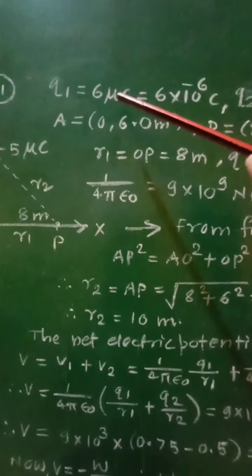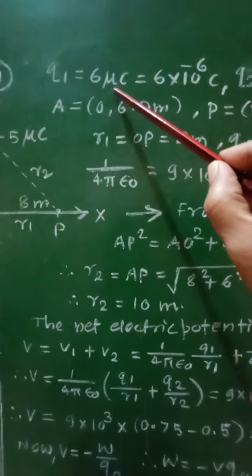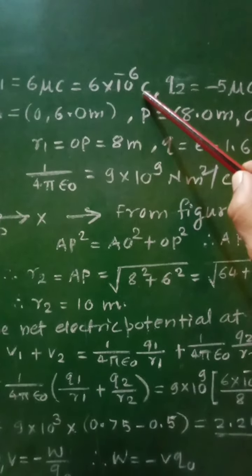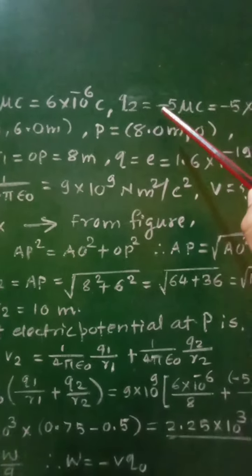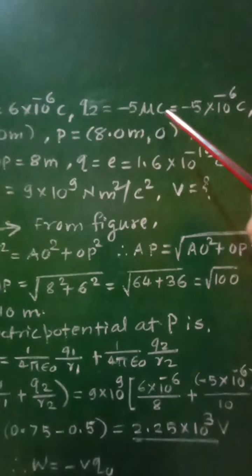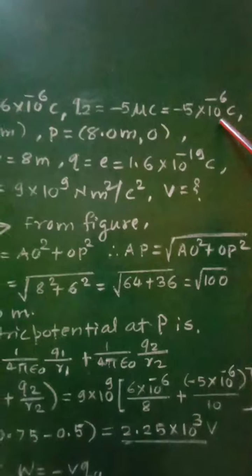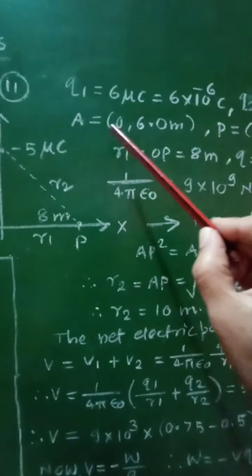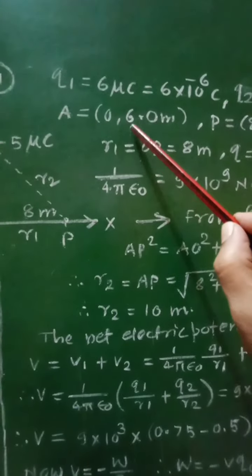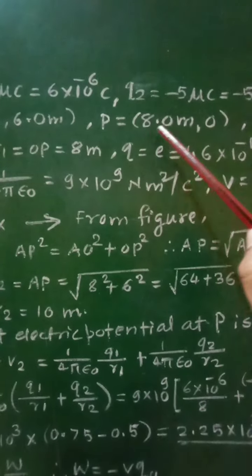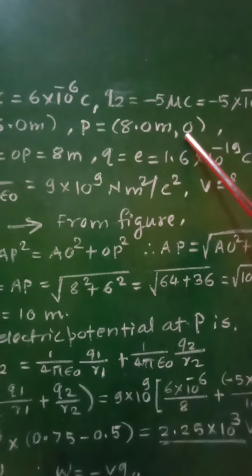And therefore for this, Q1 is equal to 6 microcoulomb, that is equal to 6 into 10 raised to minus 6 coulomb. Then Q2 is equal to minus 5 microcoulomb, that is equal to minus 5 into 10 raised to minus 6 coulomb. Then position of A is 0 and 6 meter. Then position of point P is 8 meter and 0.